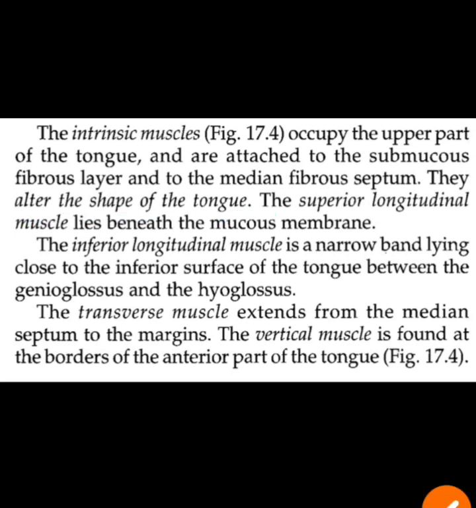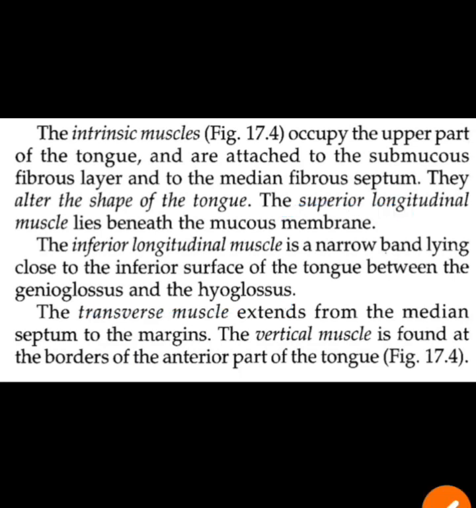See now the 4 muscles. The superior longitudinal muscle lies beneath the mucous membrane. The inferior longitudinal muscle is a narrow band lying close to the inferior surface of the tongue between the genioglossus and the hyoglossus. Next we will see what these muscles are. The third muscle is the transverse muscle.